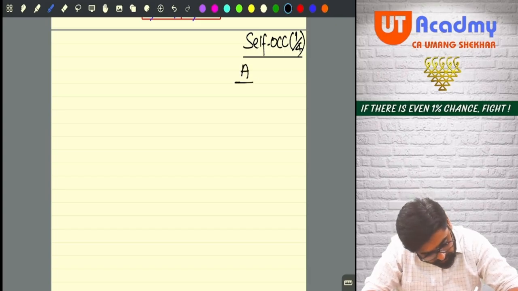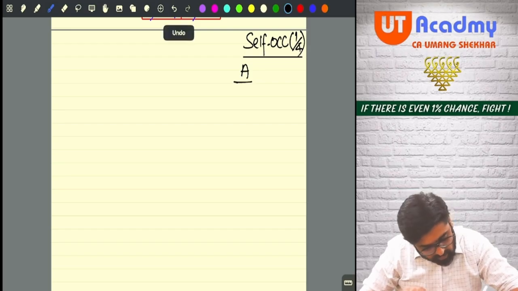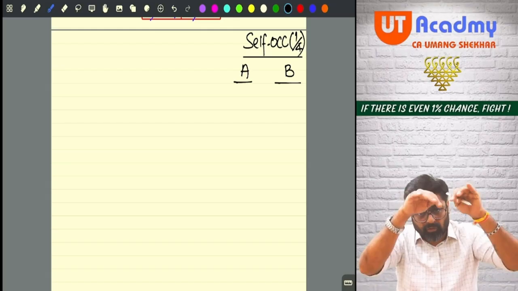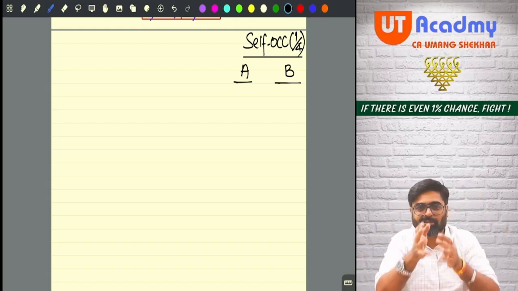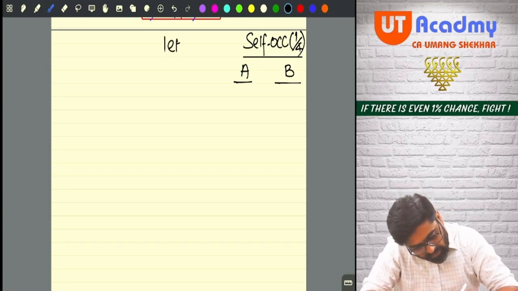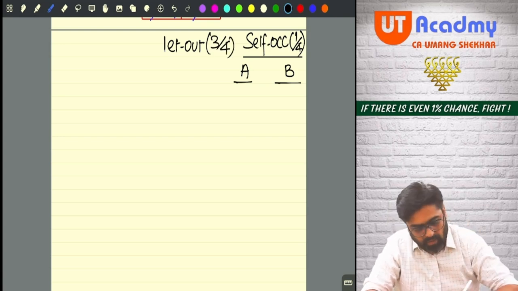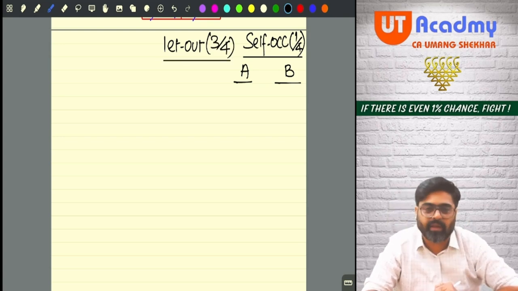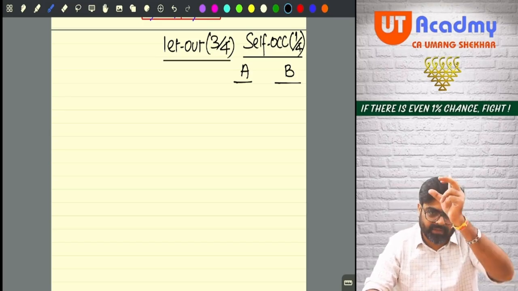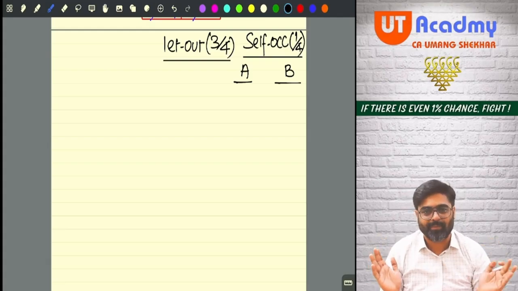Arun separate and Bimal also separate. So SOP portion is further divided into Arun's SOP and Bimal's SOP. Now, I will write down let out portion also. Let out portion is 3/4 because 6 out of 8 is let out. Here I will not do any bifurcation. I'll first calculate the income and then the final income I will bifurcate between Arun and Bimal.